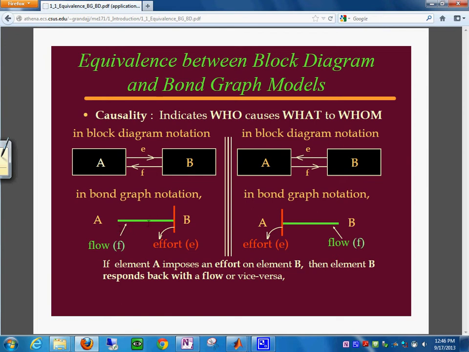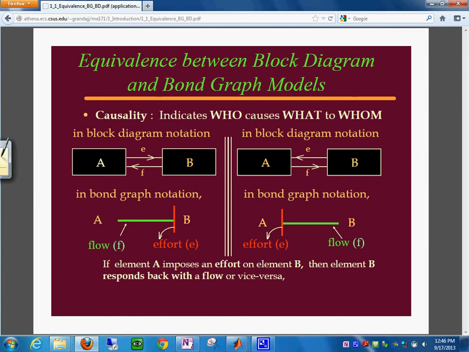But if we apply on A and then A responds to B, you have in here this representation for this action reaction type of thing.